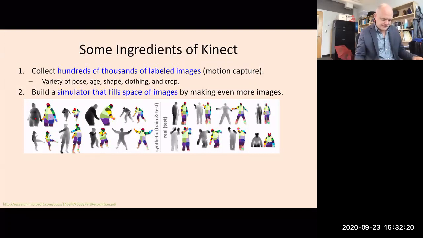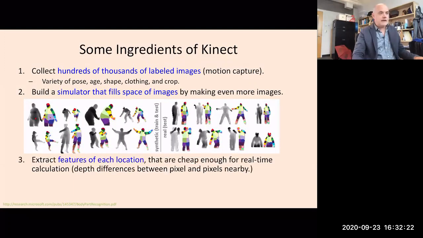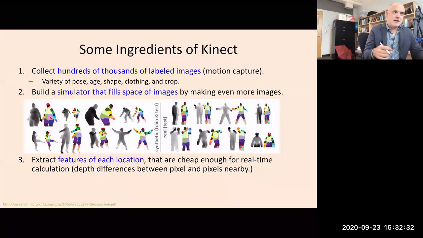Okay, great. Then in order to really set this up, we have to figure out what features we're going to use, because it's not going to be enough to just look at the depth of one pixel value and try to predict what body part it is. We need to extract some information from around that pixel, so that we can build a feature vector associated with that surround that we can use to predict this pixel value, right?